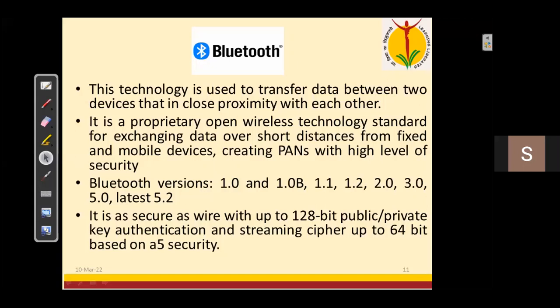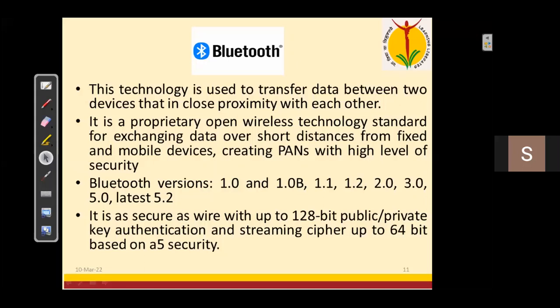Basically, in the latest version, 5.2, the data rate is increased up to 3 Mbps theoretically, but practically we can get a data rate of at least 2.1 Mbps.